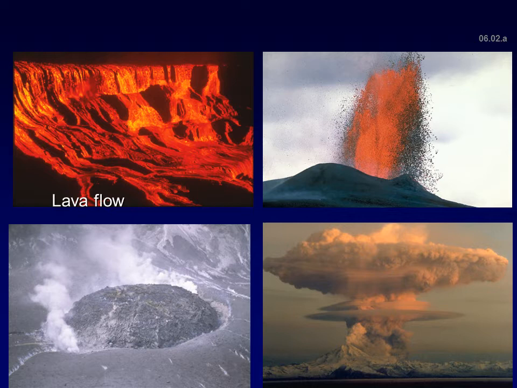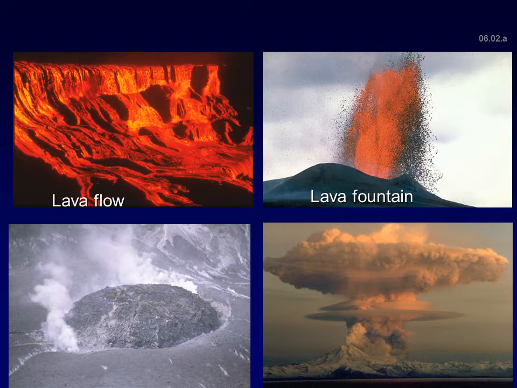So, low viscosity lava that flows for great distances. In contrast, you can have a lava fountain. On your notes I wrote lava eruption, so we're going to consider that the same.